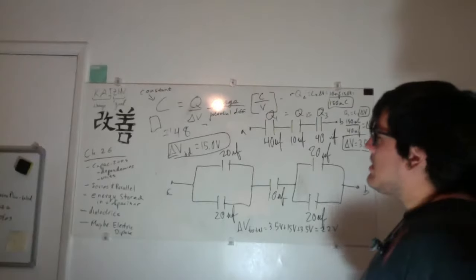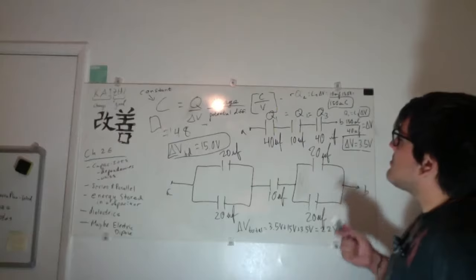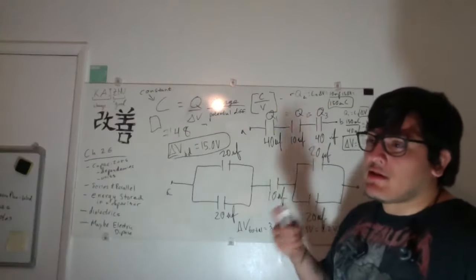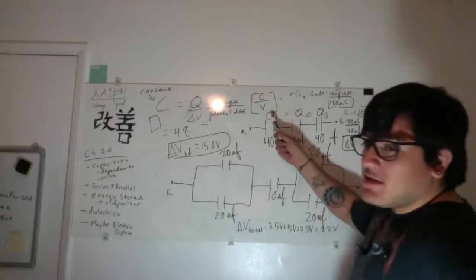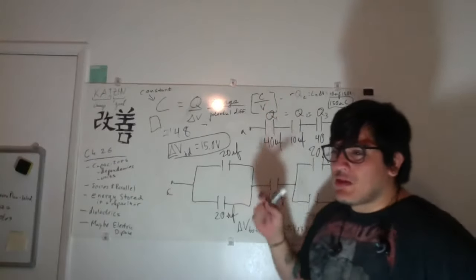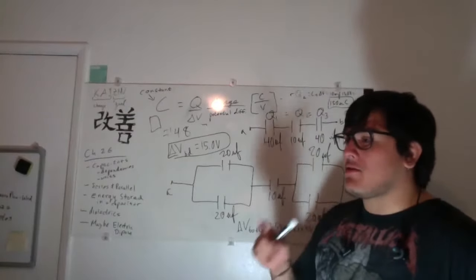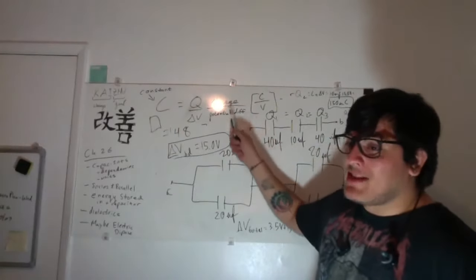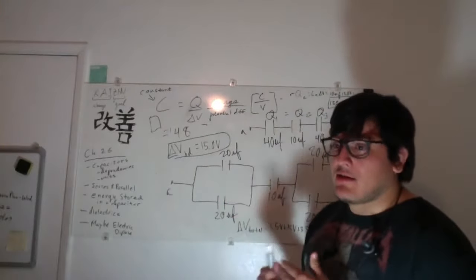And the reason being is that we must acknowledge the fact that each of these has an amount of charge per potential. That's the whole thing about this that really comes back to the very first page of this chapter, that capacitance is an amount of charge per potential that these plates can store.